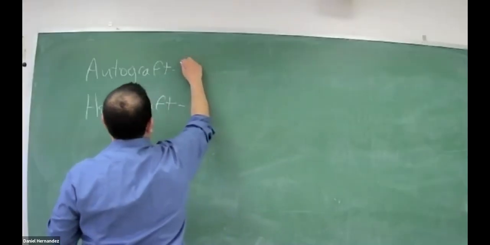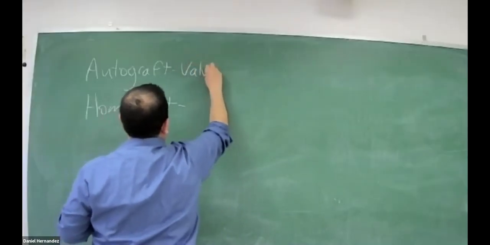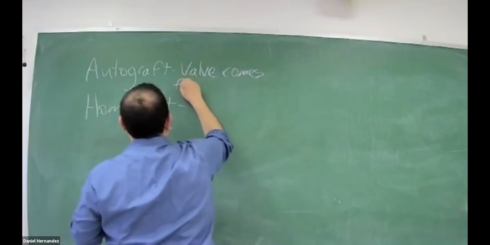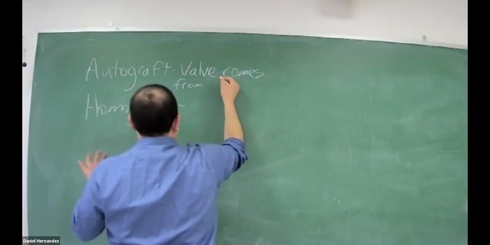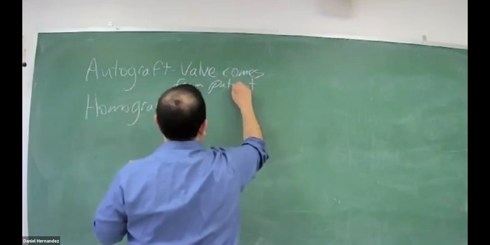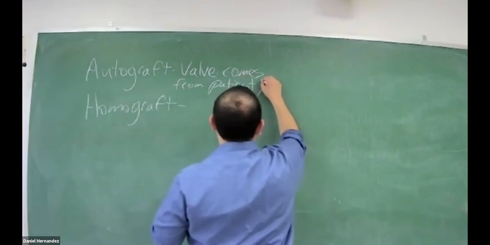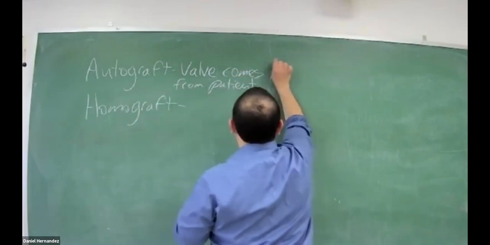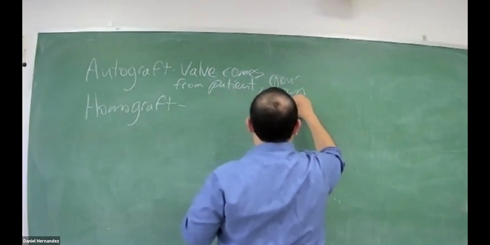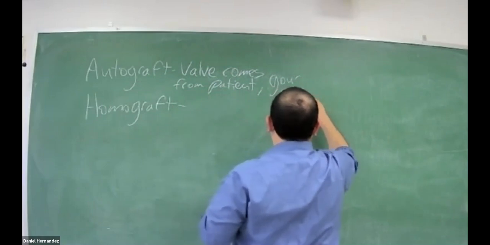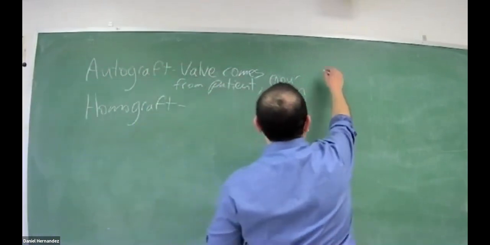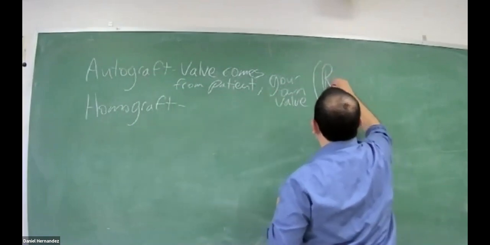So the valve comes from the same person, so it's your own valve. And autograft, I would associate with the Ross procedure.